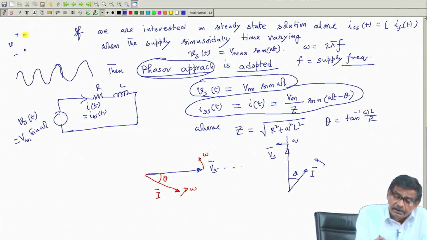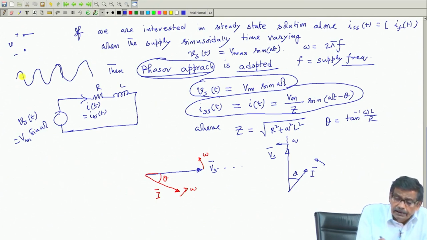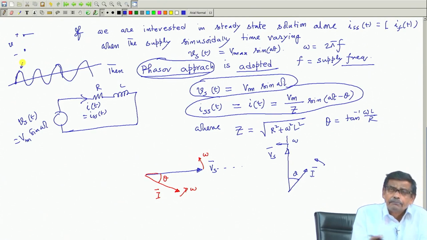Now, what is the equation of this voltage waveform that I want to write? It is totally my problem. The supply voltage is doing like this. If I want to write this voltage equation when the voltage is 0 and going towards positive, then I will write this equation as Vmax sin omega t.